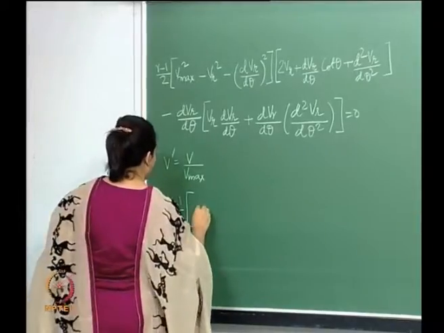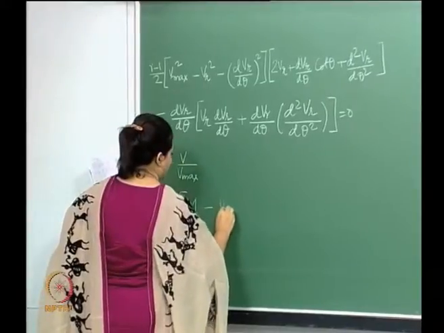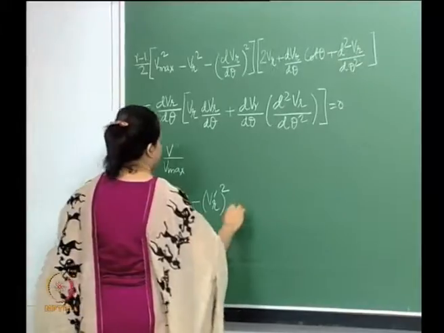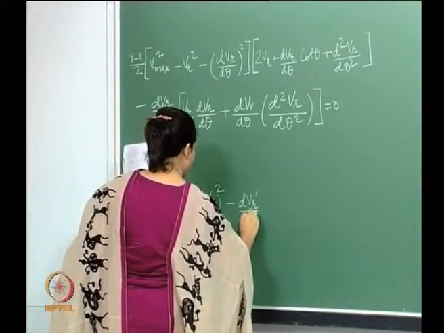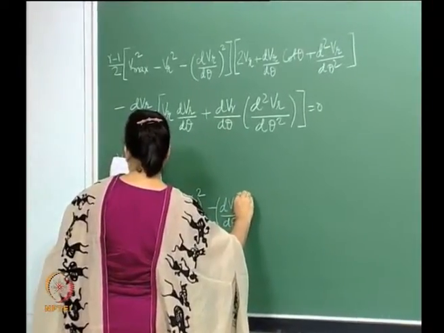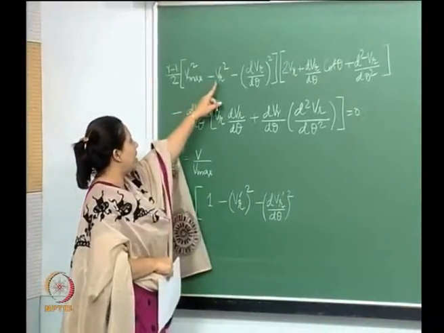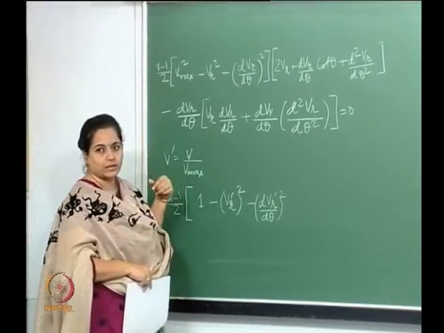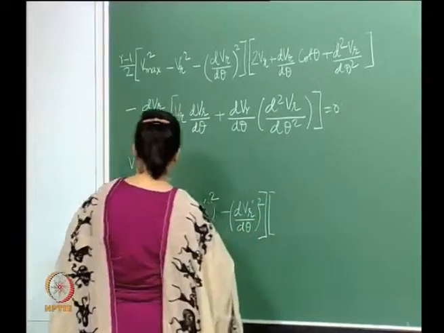If I do that, what I get is, and V r dash is nothing but V r by V max. So, then this is my first bracket.